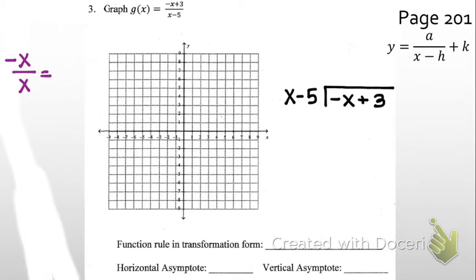So what do you think we get when we divide negative x by x? Negative 1. So negative 1, that goes on top. Step number 2 is take that answer and multiply it by x minus 5.